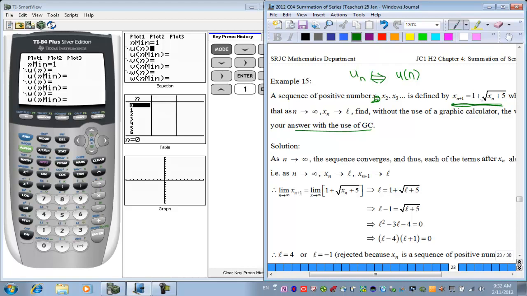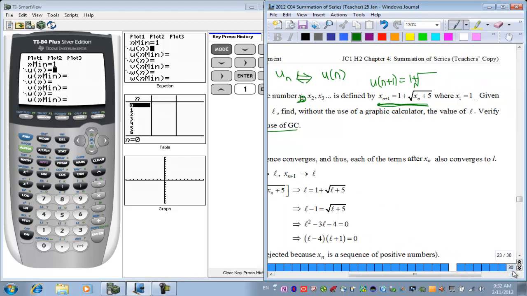So now, if I were to key this in, I will have un plus 1 is equal to 1 plus square root of un plus 5. Okay, this is just writing all of this in the form that the calculator can understand.